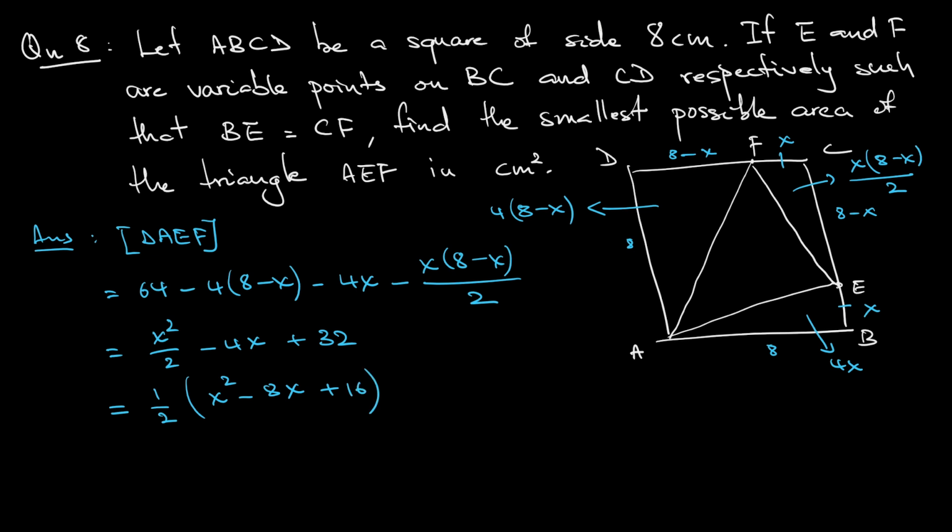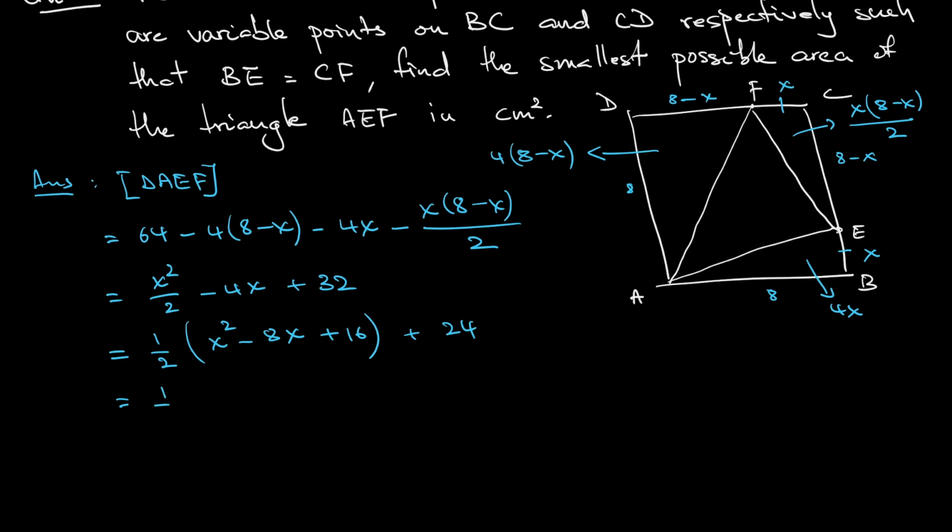But I then have plus 8 here, since 16 divided by 2 is 8. Initially I have 32, so I need to add another 24. Now it is half multiplied by x squared minus 8x plus 16, which is a square, so it is half of (x minus 4) squared plus 24.